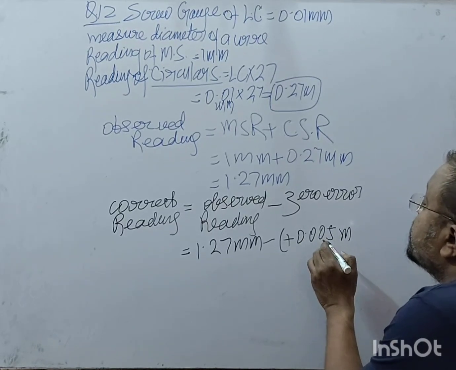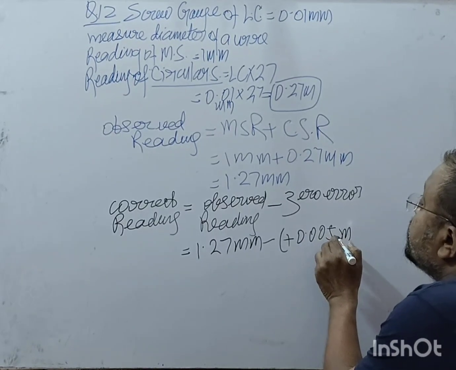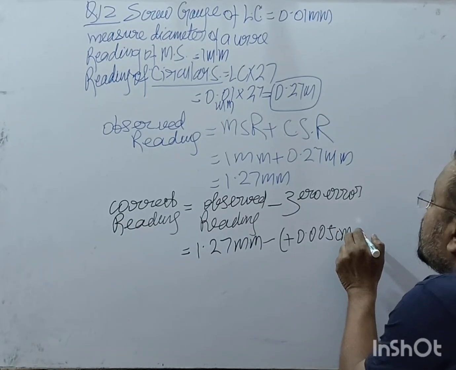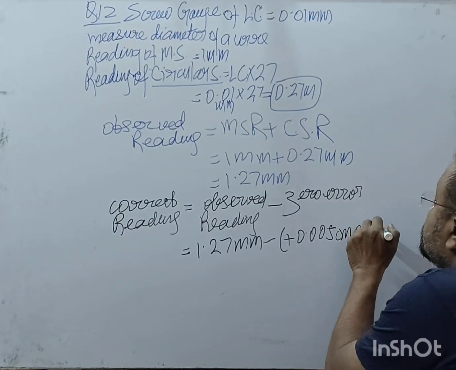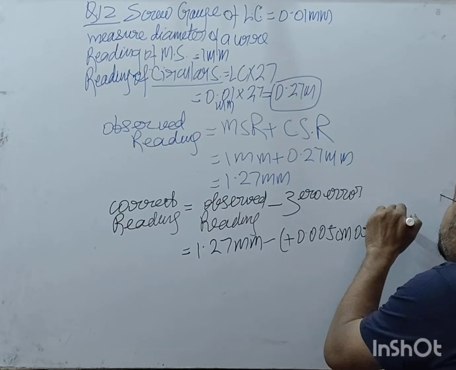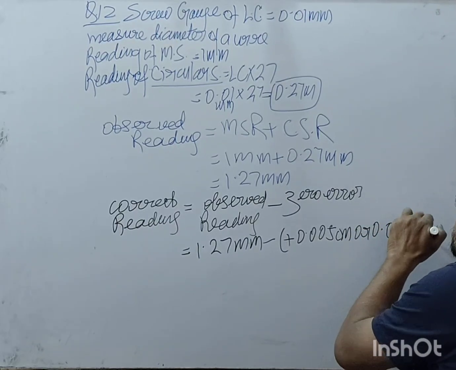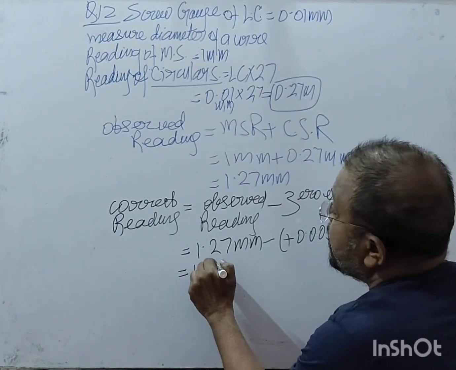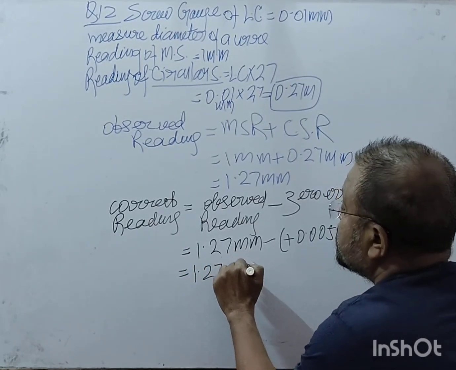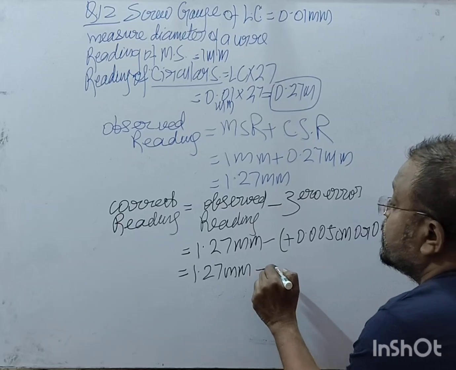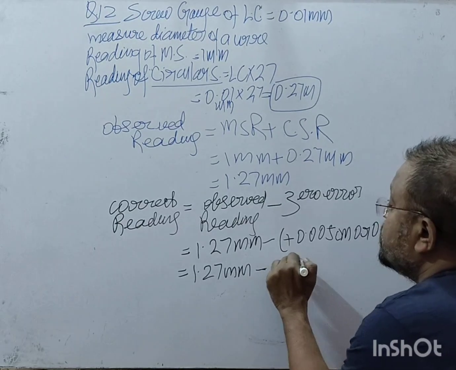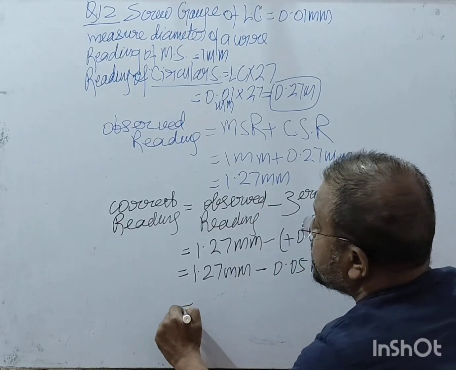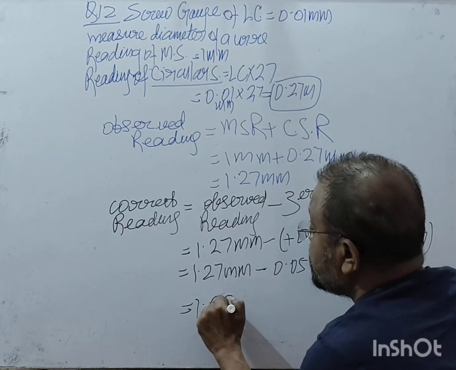So 0.005 centimeter is 0.05 millimeter, right? So we can write 1.27 millimeter minus 0.05 millimeter. So it is 1.22 millimeters.